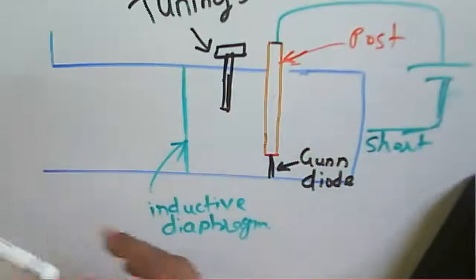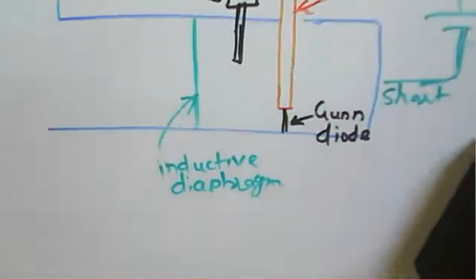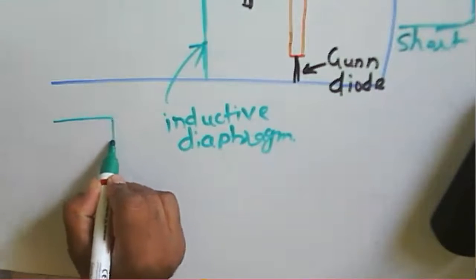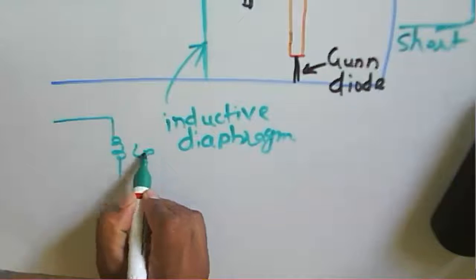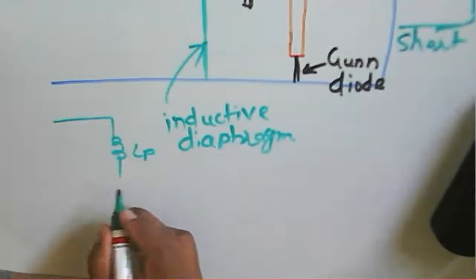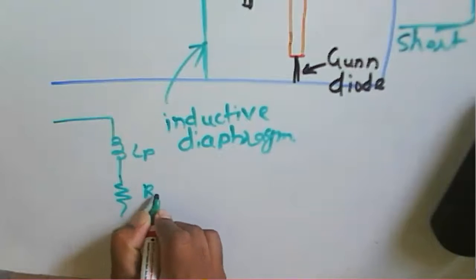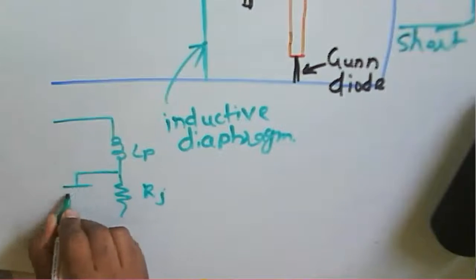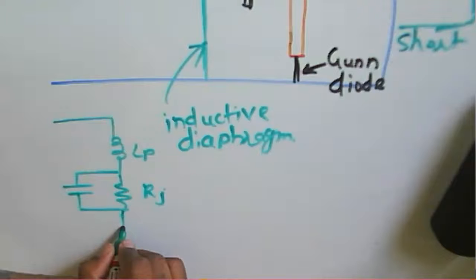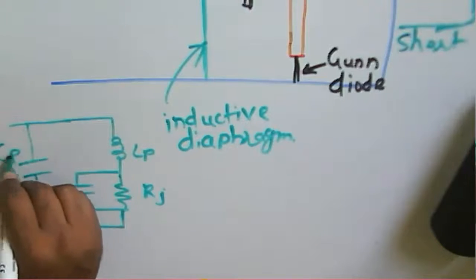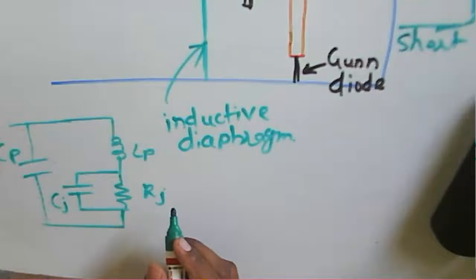For the LSA mode, if you draw an equivalent circuit for this diode, we say that this one is Lp. Then we have the Rj. Along with that, there will be a junction capacitance, and this one will be Cp.